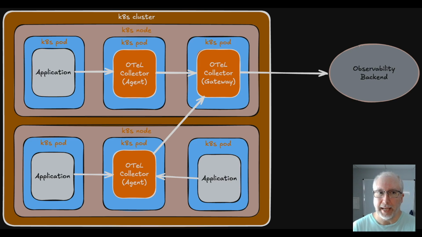So when we're thinking about patterns for deploying the OpenTelemetry Collector, we need to have an understanding of what telemetry data we want to collect, as the specific telemetry we want to collect will determine the pattern we must use to collect it. So, for example, if we want to collect the Kubernetes events from a cluster, we need the gateway pattern or even just a single deployment to ensure that we don't capture the same Kubernetes event multiple times from different collector instances, which is what would happen if we were trying to collect Kubernetes events when it's deployed in agent mode.